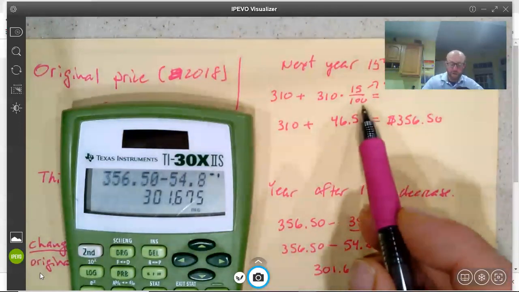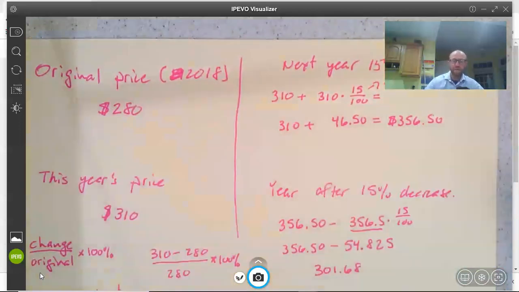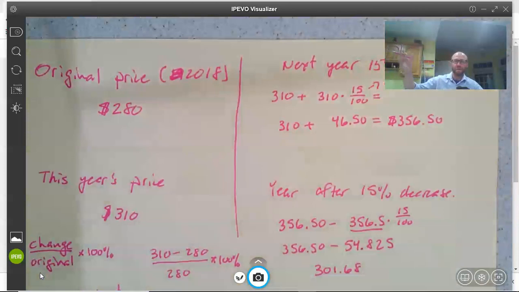Then here, this was the same size portion of a smaller pie. So I can add on 15%, but then when I take that 15% off, I'm taking off a larger piece because it's the same size portion, but of a larger amount of money. And that's why adding 15% and taking 15% off doesn't take us right back to where we started.